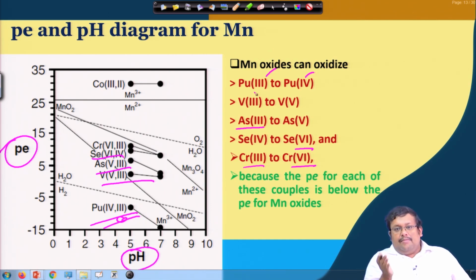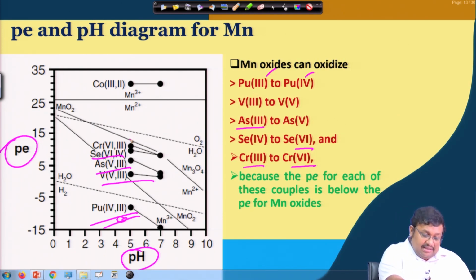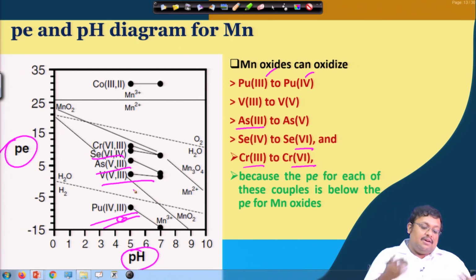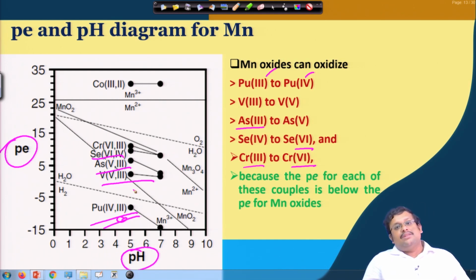So, it is very clear that the Pe values of each of these couples, that is chromium 3, chromium 6, selenium 4, selenium 6, arsenite, arsenate, and vanadium 5, vanadium 3, are all below the Pe values of manganese. As a result, manganese has more tendency to get reduced, and when it is reducing, simultaneously it is oxidizing these species. That justifies why manganese oxide can oxidize these species from one oxidation state to another.